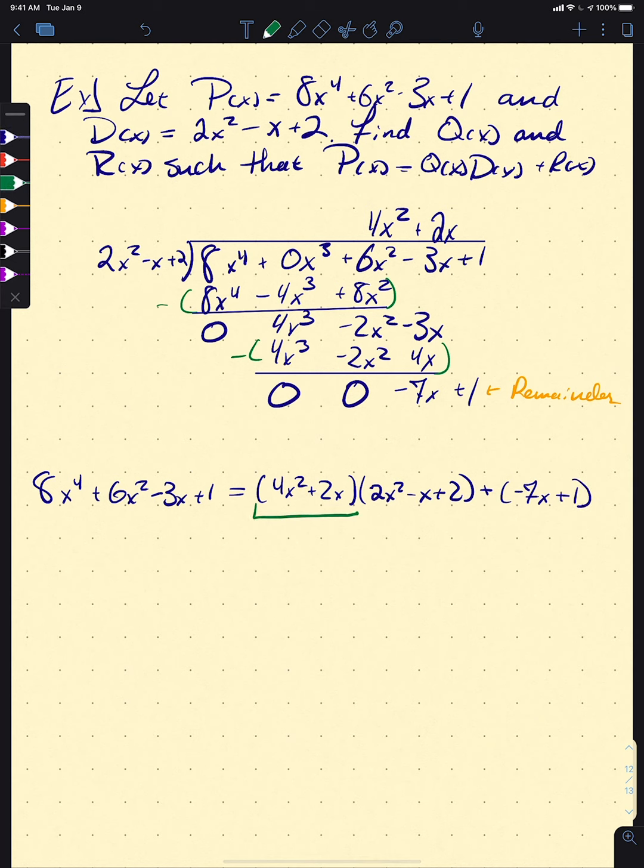And I guess we'll label these for completeness' sake. This is the q of x we had to find, and this is the r of x that we had to find.